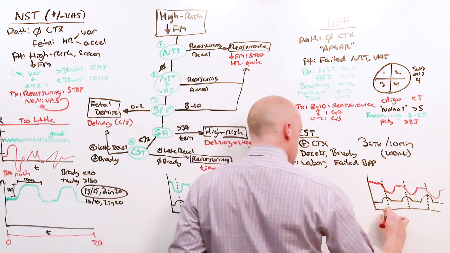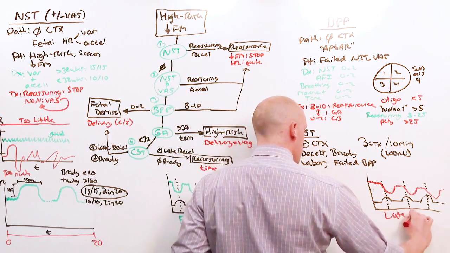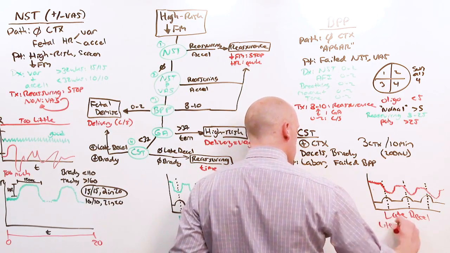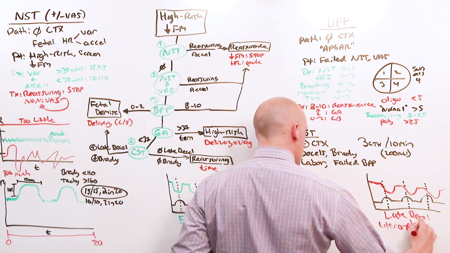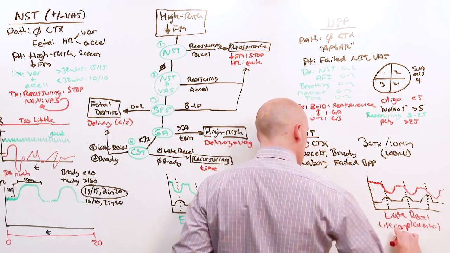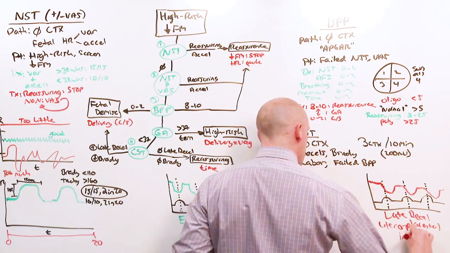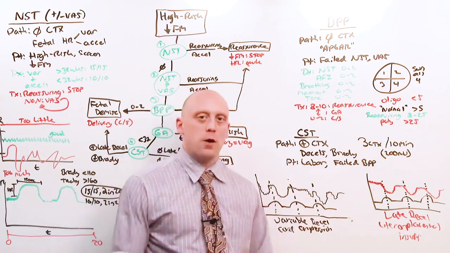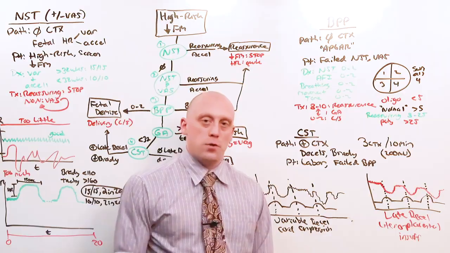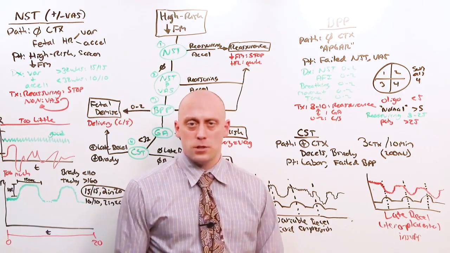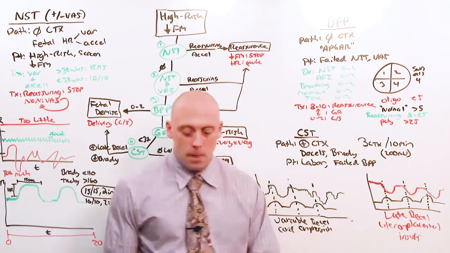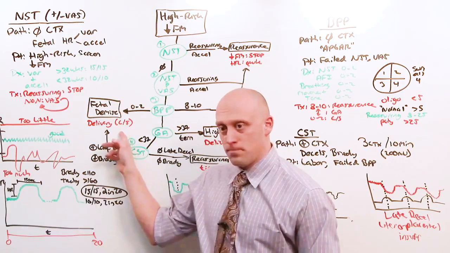This is a late decel and represents uteroplacental insufficiency. This is an indication to get baby out immediately. How you get baby out will depend on how far baby is in the delivery, whether you can use forceps, induction, or C-section. What I want you to learn is if late decels and bradycardia, emergency C-section.